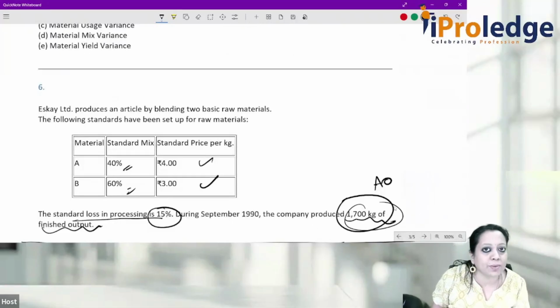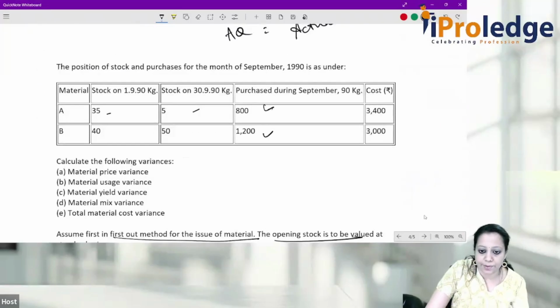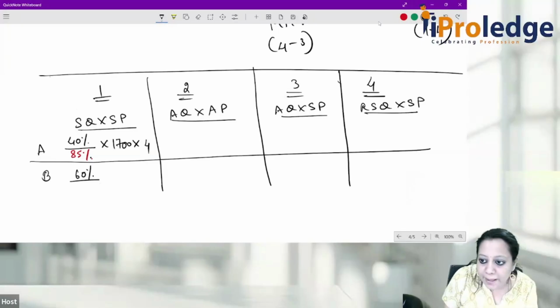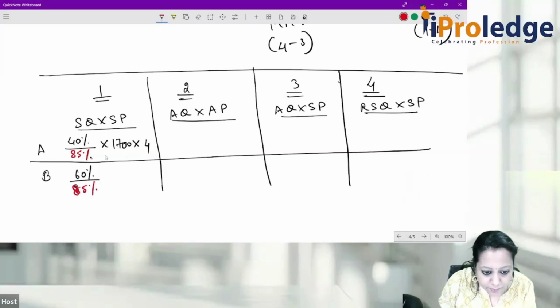Already we learned actual output, and all right. So same way here we will write 60% divided by 85% into 1700 into 3. All right, students.